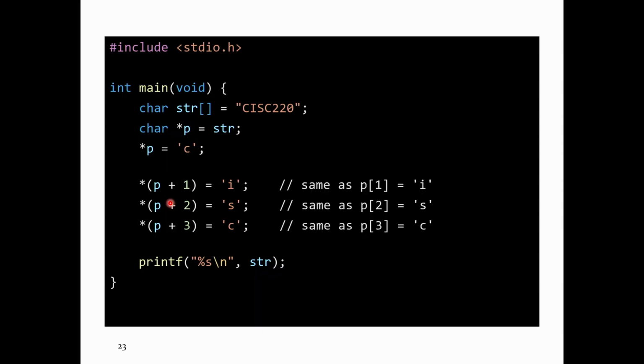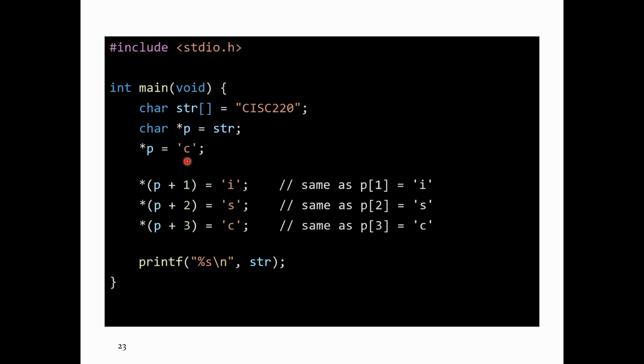So what do I mean by that? Here's my array, str. I can create a pointer to char, star p, and I can assign the array to that pointer. And then I can write star p equals little c.